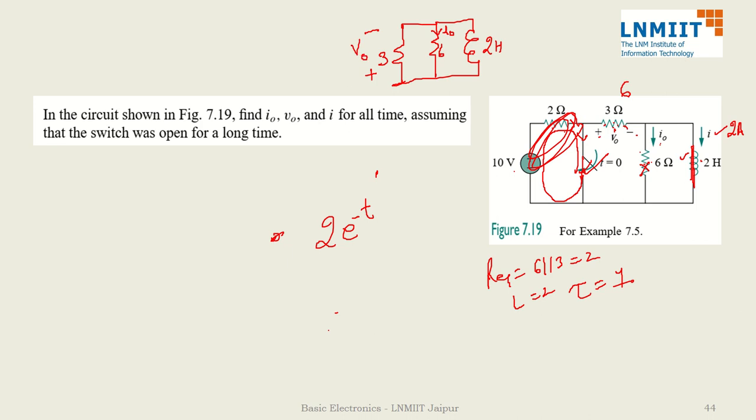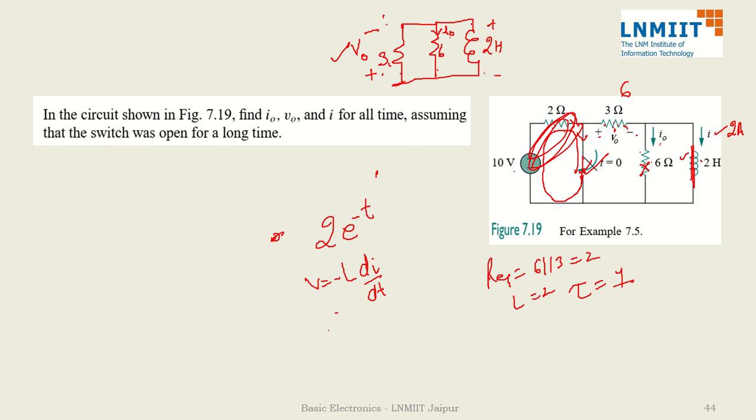Now this V is same as this, same as this. Across inductor, V is always given by L di by dt. Calculate this V, and minus of that is V naught, because V naught is measured in the opposite polarity as compared to the voltage across inductor.